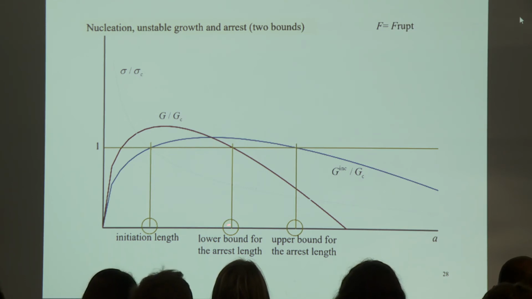It means that we have a lower bound for arrest length and an upper bound for arrest length with these two. I must mention that in general, it is the lower bound that works. It is the standard arrest criterion that works, but we know some cases where the crack goes a little further, somewhere in between these two bounds. This is the case of laminated ceramics with residual stresses.